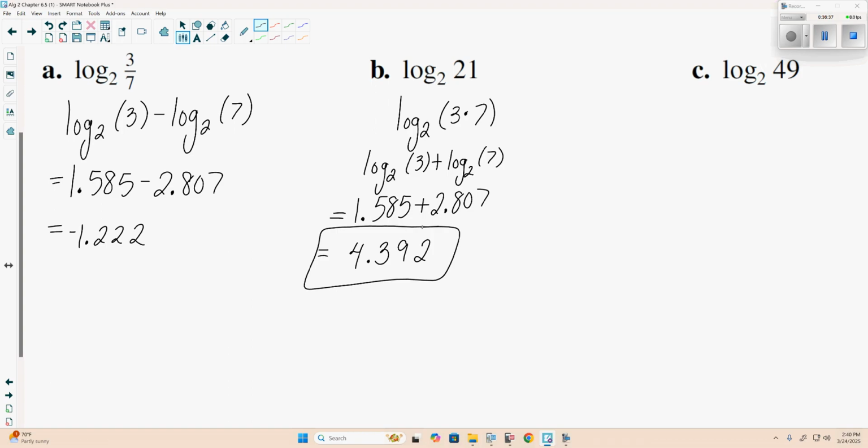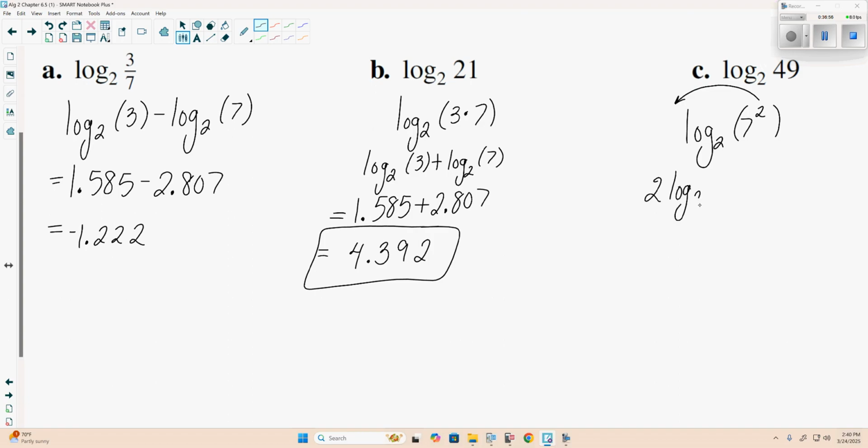Last one for this set here, log base 2 of 49. Well, 49 is what? 7 times 7, or 7 squared, yes? Well, this here, we can move the 2 out front.